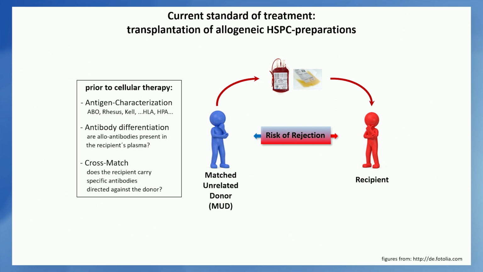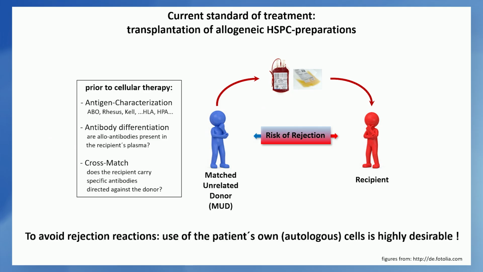For that reason, we have to do a lot of tests before performing such a thing with a patient, to avoid rejection reactions as well as possible, or only have wanted rejection reactions, which can be the case in malignancies, for example leukemias. But if you want to avoid rejection reactions completely, the best thing would be to use the patient's own cells. That's really desirable under certain conditions.